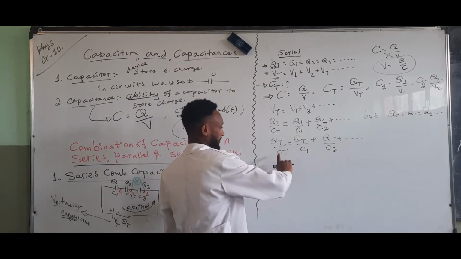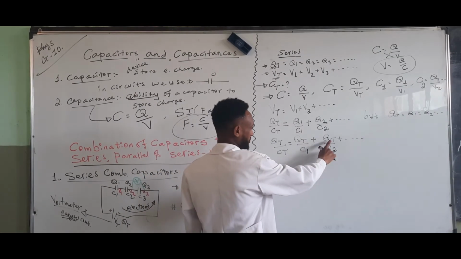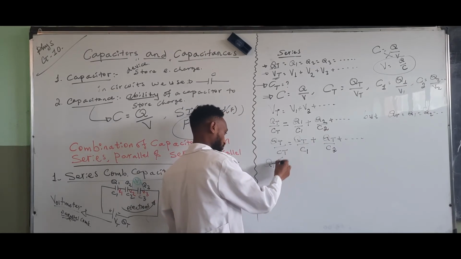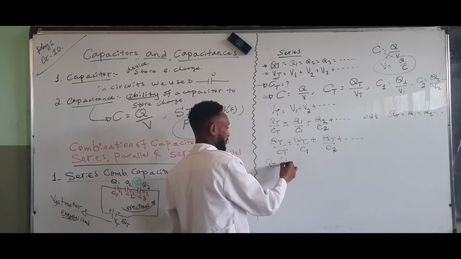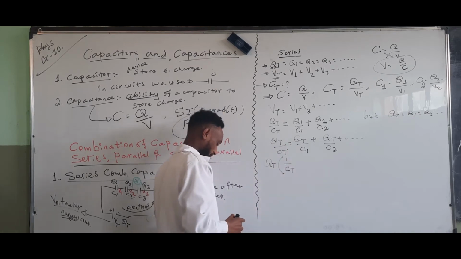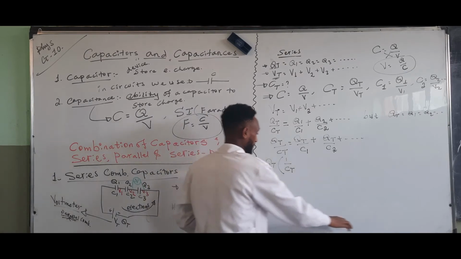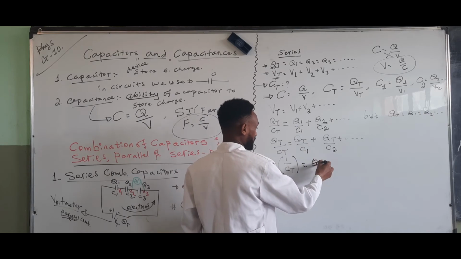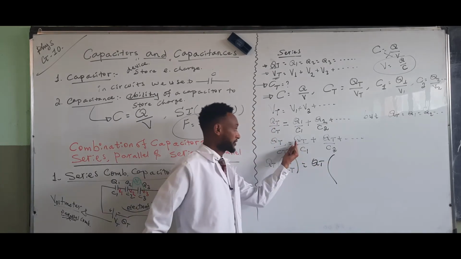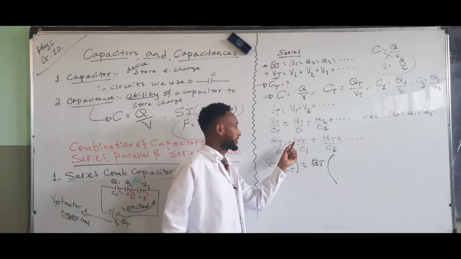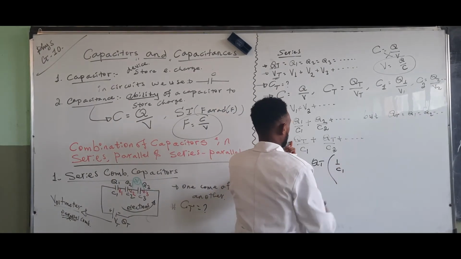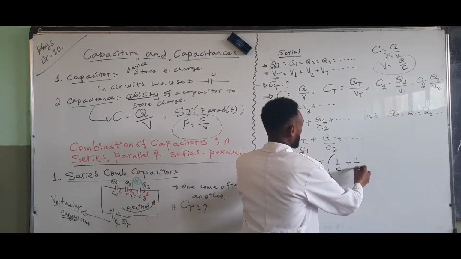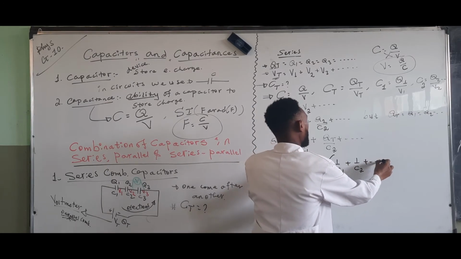Now, here we have the total charge, so let's take it out as a common factor. Total charge times 1 over the total capacitance is equal to total charge times 1 over capacitance 1 plus 1 over capacitance 2 up to n.